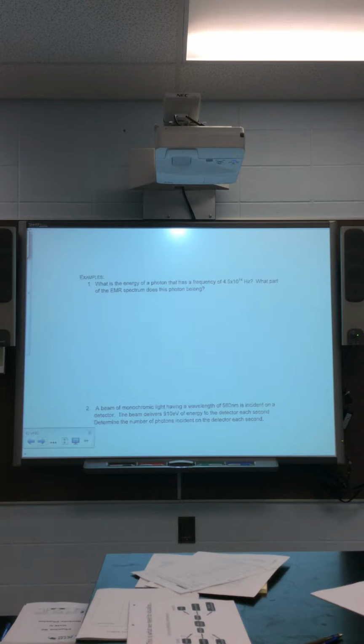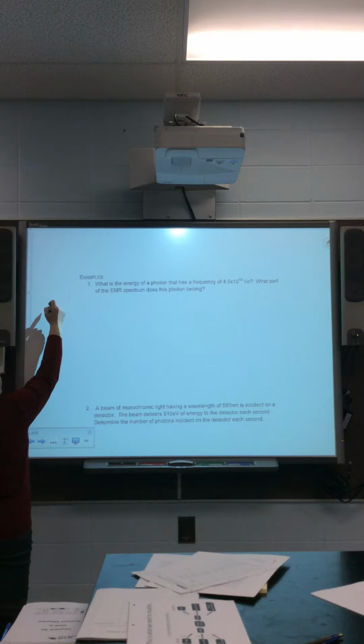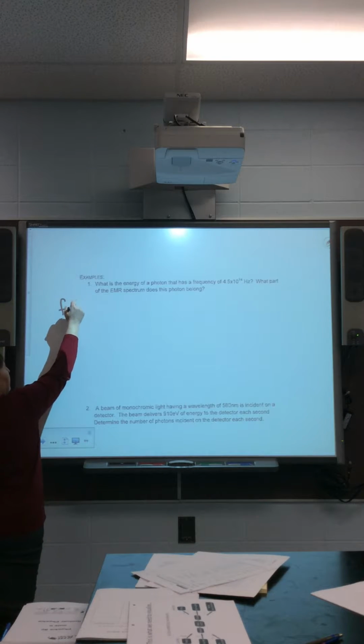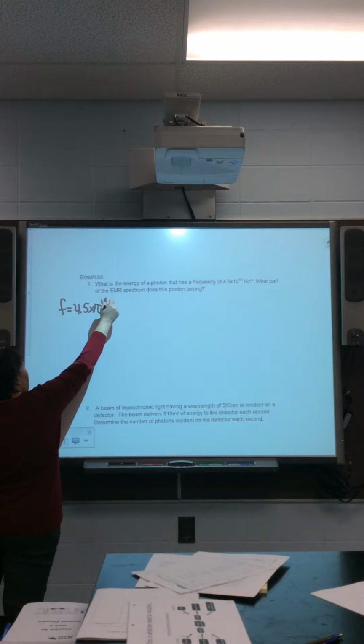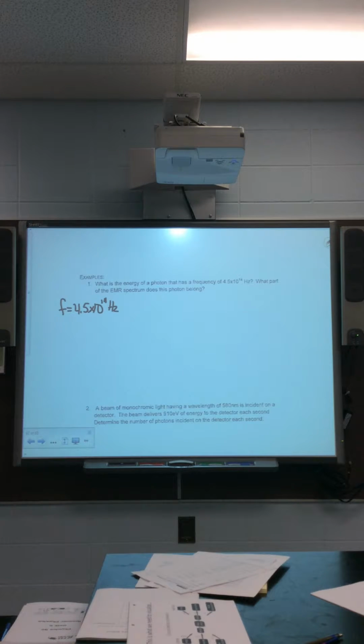Okay, so what is the energy of a photon? It has a frequency of 4.5 times 10 to the 14 hertz. Starting with what we know, we have frequency equals 4.5 times 10 to the 14 hertz.